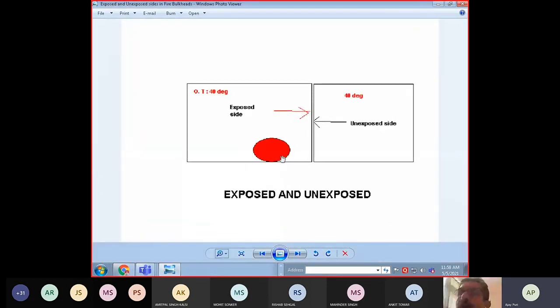So if the fire is here and this temperature is 40 degrees, so this is the exposed side, and this area which is the other side of the bulkhead is the unexposed side. So the temperature rise will be above the original temperature, which is 40 degrees here, of the unexposed side. Just to make you understand what is exposed and what is unexposed.